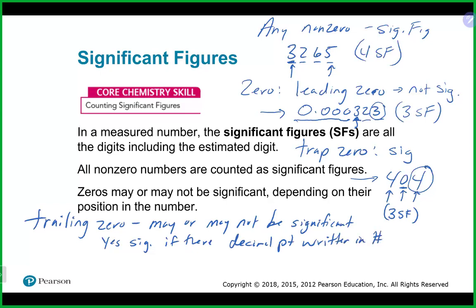So this is a little bit different than what we were talking about with scientific notation, where if we have a number, we just kind of assume there's a decimal point at the end. Here, it actually does need to be written. So if you don't see a decimal point in the number, the zeros that come at the end are not going to be significant. If you see a decimal point written anywhere in the number, all the zeros at the end will be significant.